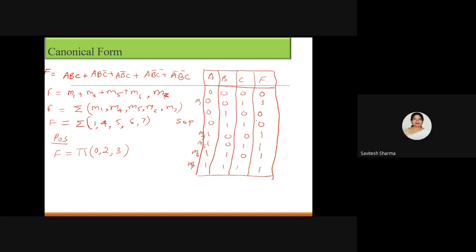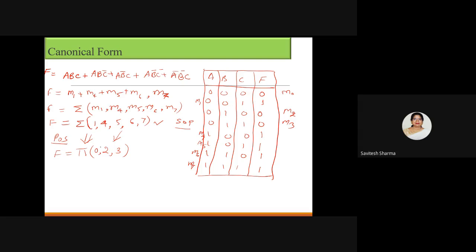So you can identify in the truth table also. Those terms that produce 0, this is M0, this is M2, sorry, and this is M3. So you see that from the SOP form, I am directly writing a POS form. If you are given this type of function and someone asks you to write a POS form, just write it directly.